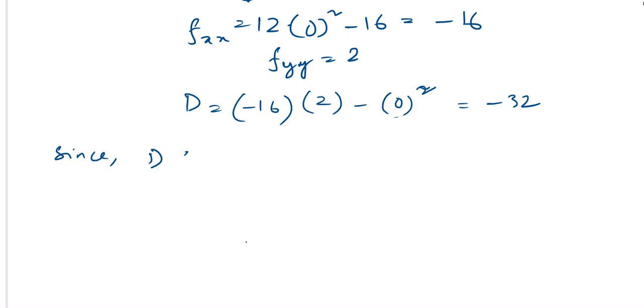Since D is less than 0, 0 comma 0 is a saddle point.